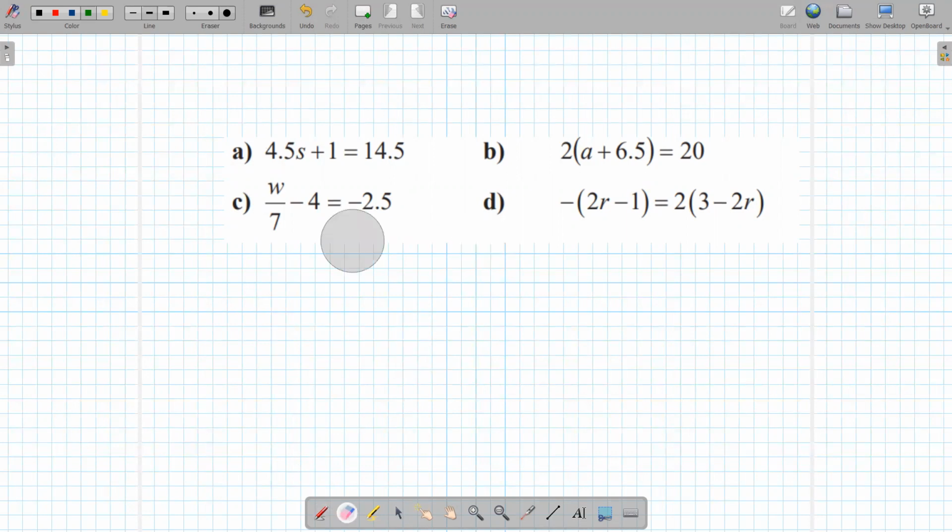What about D? What do you do? This one. Could you open the bracket? Yeah, if you open the bracket on the left, what do you get?